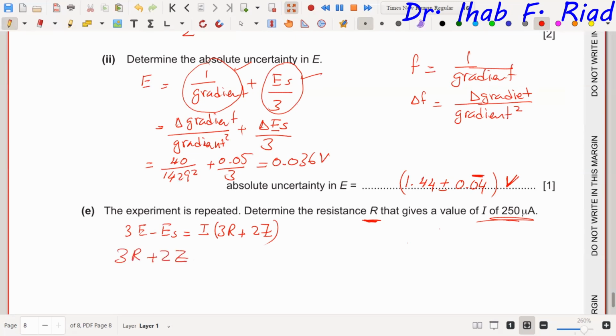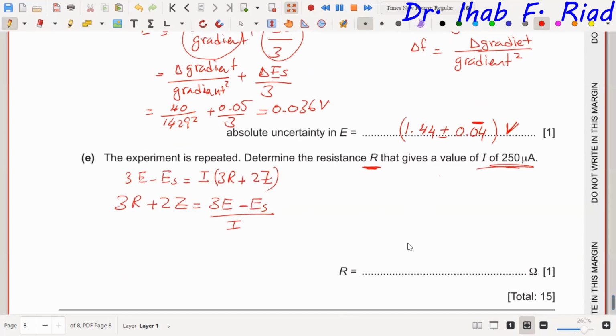So R is equal to 3E minus ES divided by I, minus 2Z, all divided by 3. Are we okay?